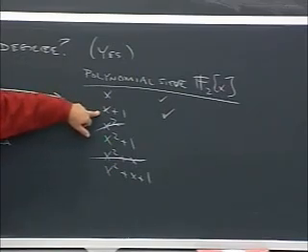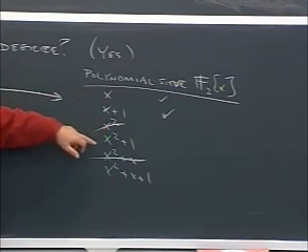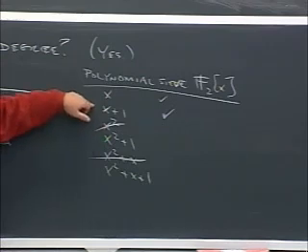This is basically the polynomial whose root is 1. That means the mod 2 sum of the coefficients is equal to 0. So any polynomial that has an even number of non-zero coefficients is divisible by x plus 1.